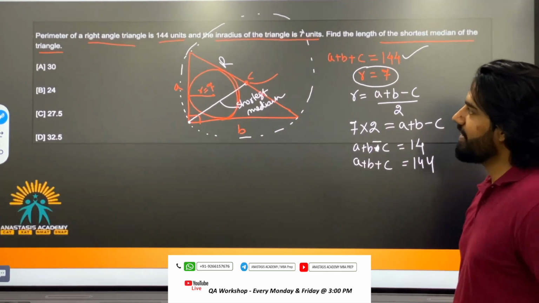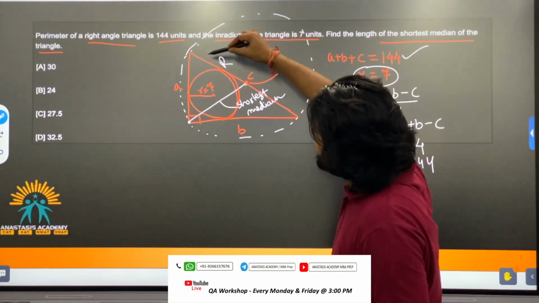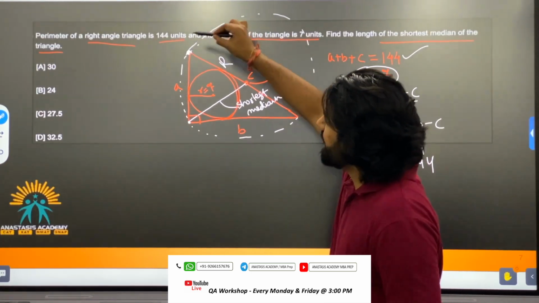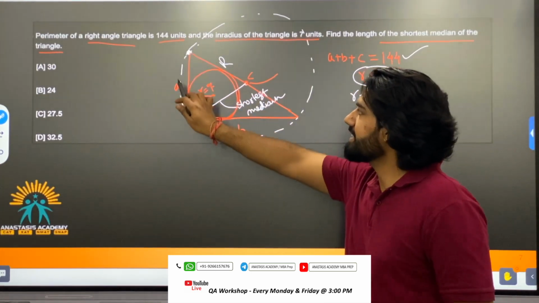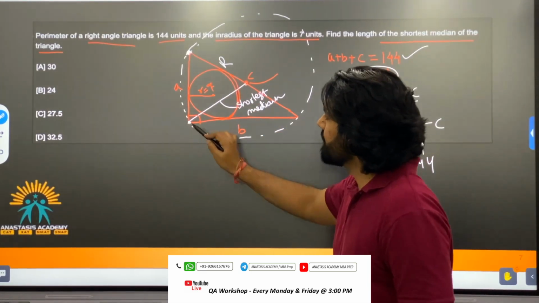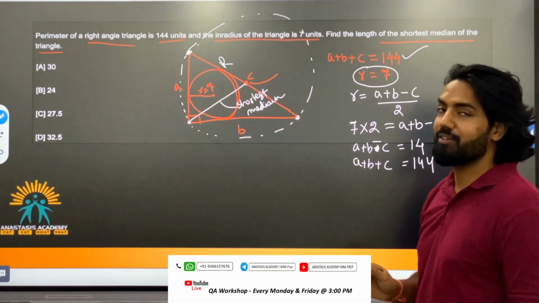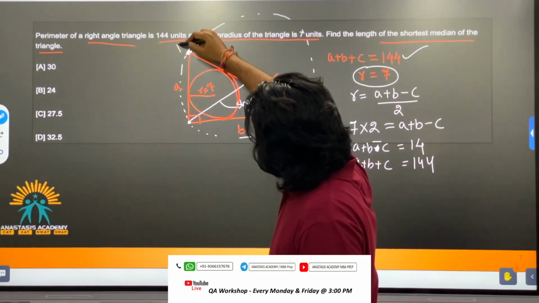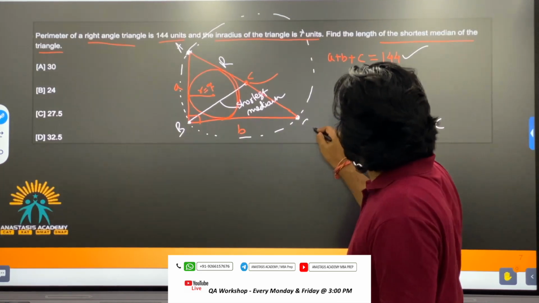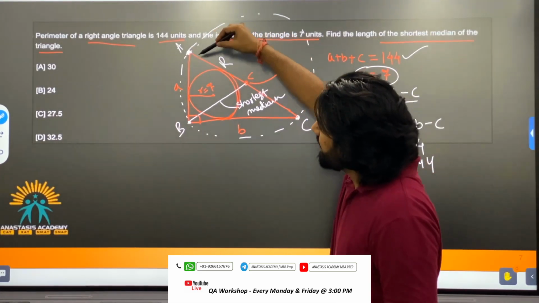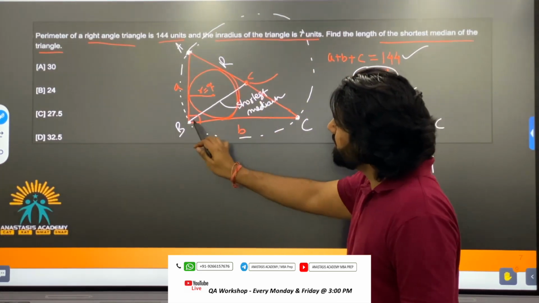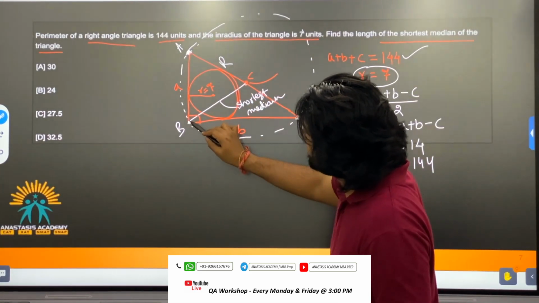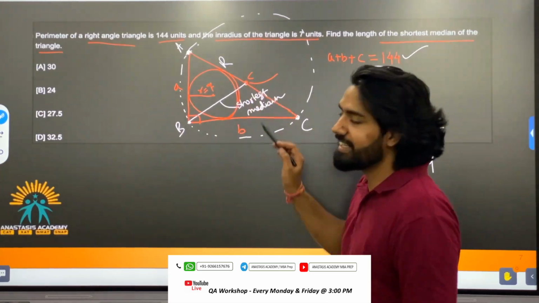Now observe very carefully. This is the radius because this vertex of this triangle lies on this circle, this vertex also lies on this circle, and this vertex also lies on this circle. I am calling these points A, B and C. Now observe carefully, CA is a radius, CB would also be radius because it is joining a point on the circumference to the center.